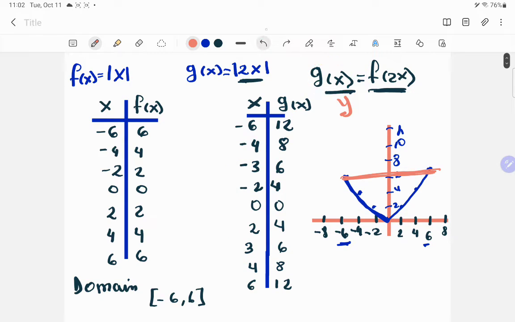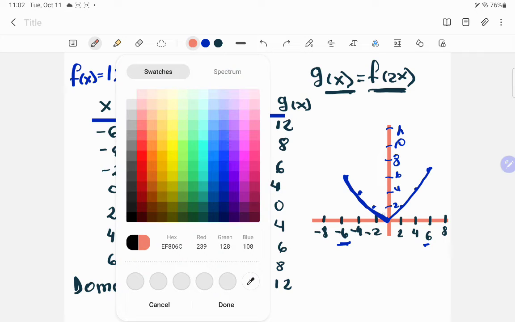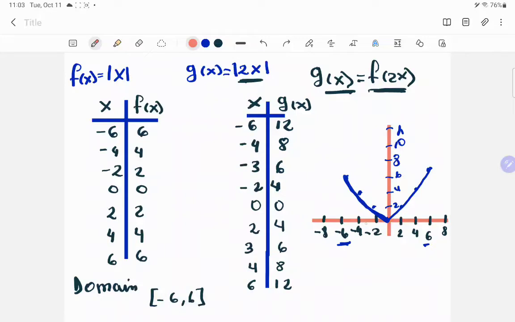How does it look? Okay, remember we start with negative 3. When x is negative 3, I have 6. When x is positive 3, 6. When x is negative 2, I have 4.